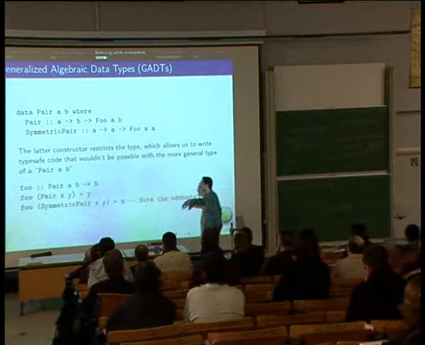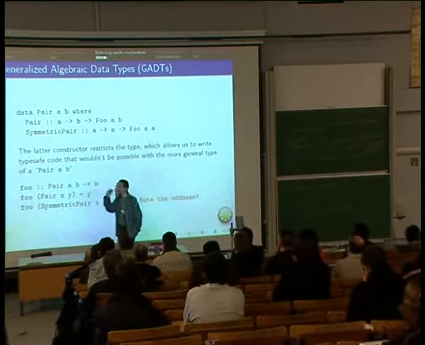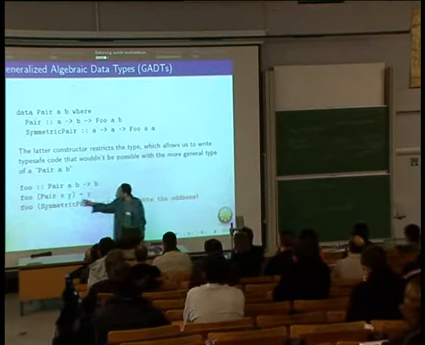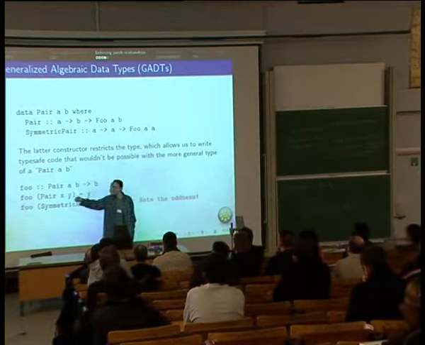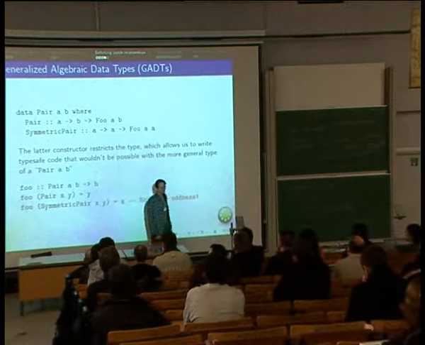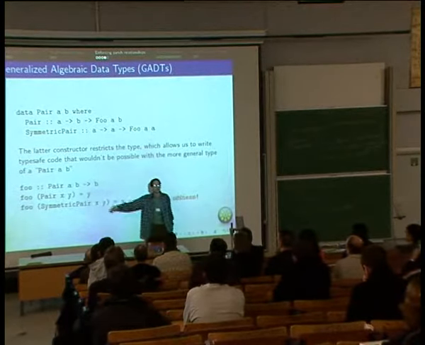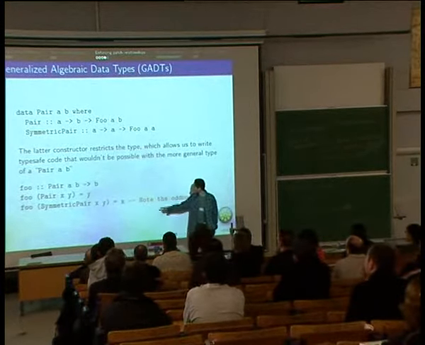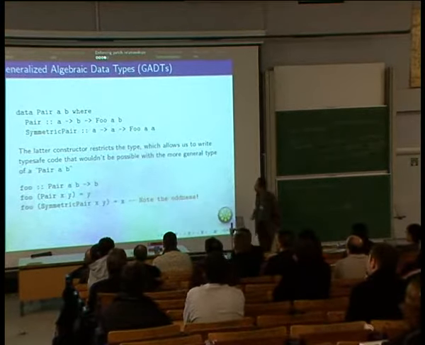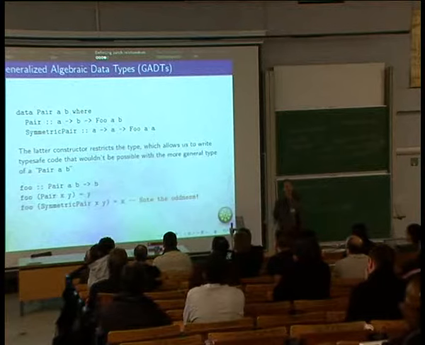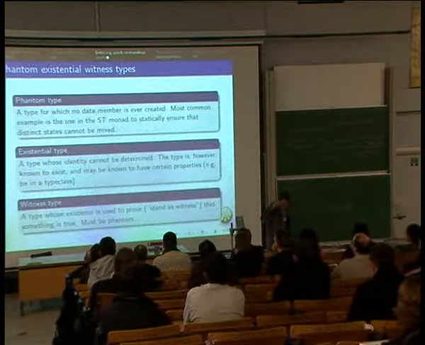And so we can write a function like this, foo, which takes a Pair A B and returns a B. If you have a pair X Y, then it has to return Y because Y is the only object here with type B. But if you have a symmetric pair X Y, we know that the two have the same type, and so we can return X instead. And that's the simplest example I could come up with of how you can use GADTs to do interesting type stuff.